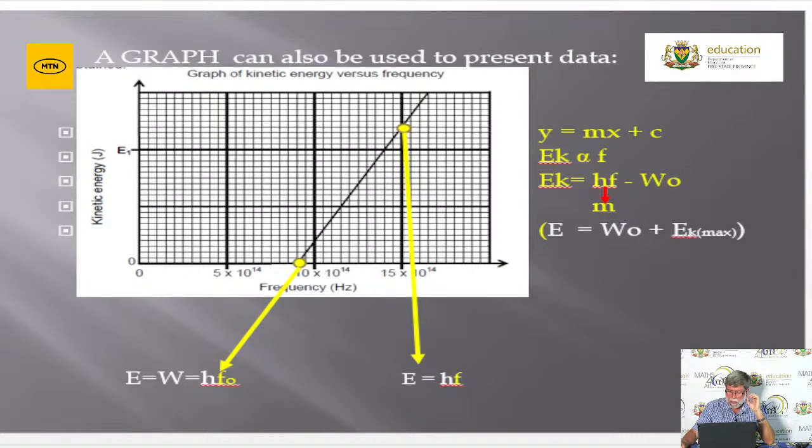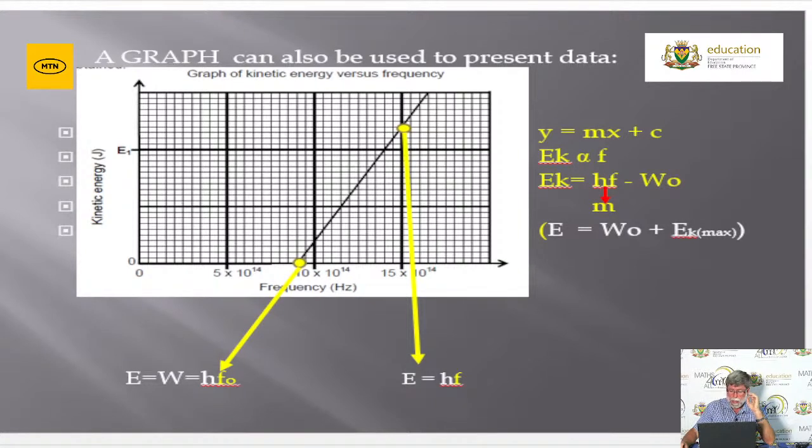Planck's constant. So this is an indication that the gradient is equal to Planck's constant. And then if you extrapolate this graph, you will get a negative value on the energy axis, and that y-intercept with a negative value indicates the value of the work function.